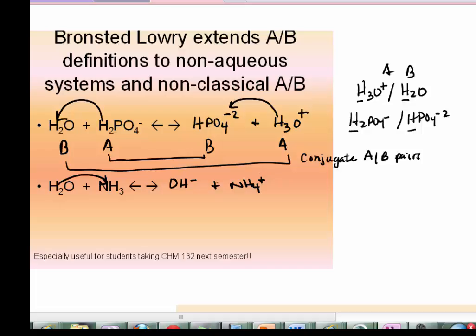And in reversing the reaction, this is my acid and this is my base. So my conjugate acid-base pairs now are H2O and OH-, and NH4+ and NH3. This would be the acid and the conjugate base.